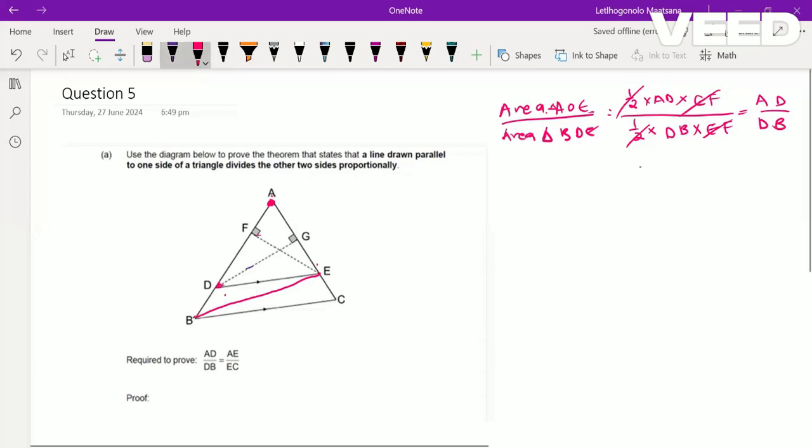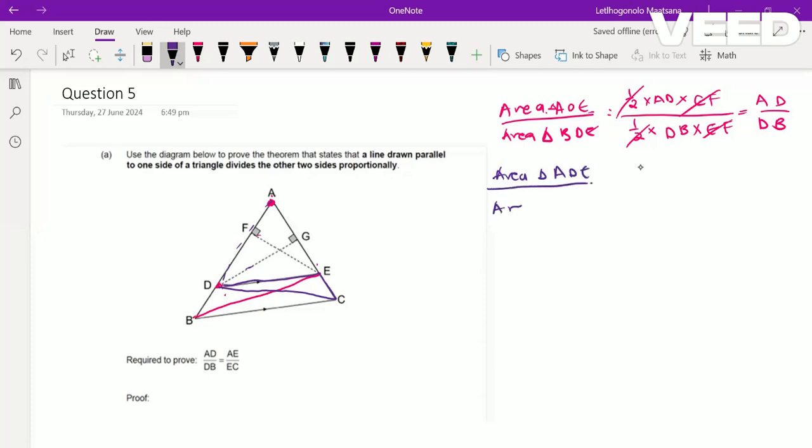Okay, then we're going to compare the big triangle again, but this time to this other small triangle. So the area of the triangle ADE with regards to the area of the triangle DEC. So we'll have half our base.